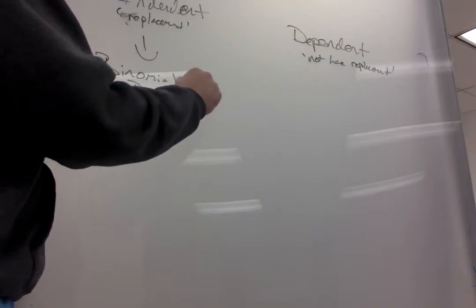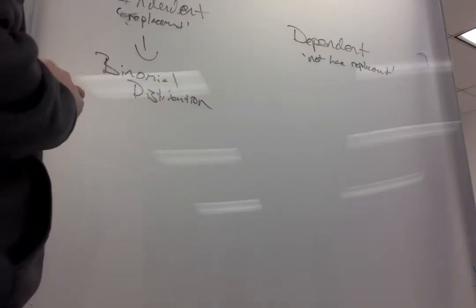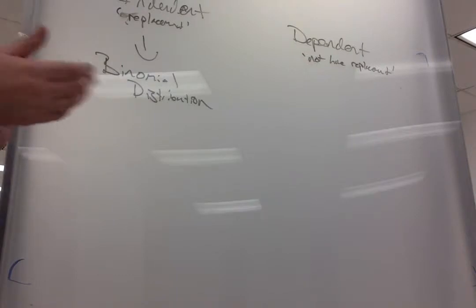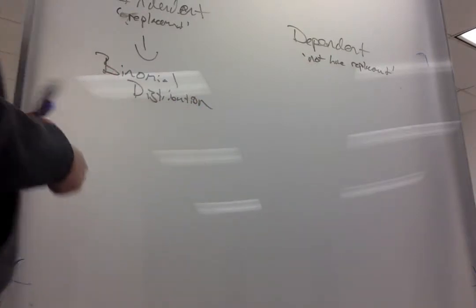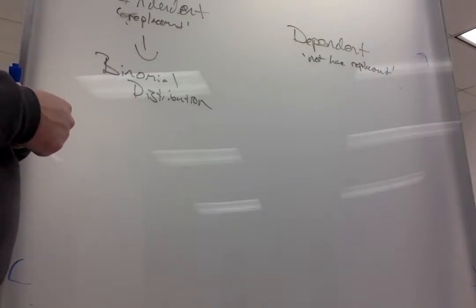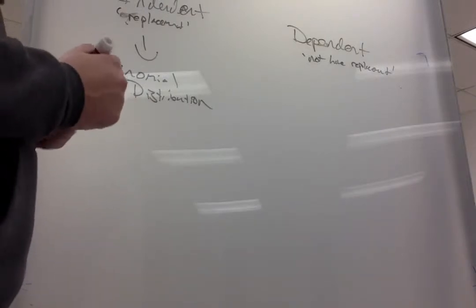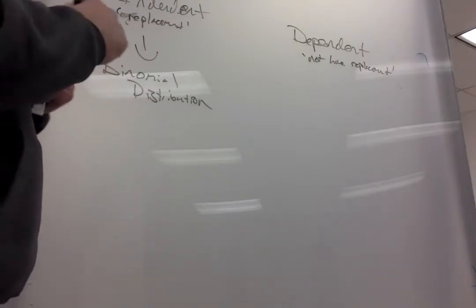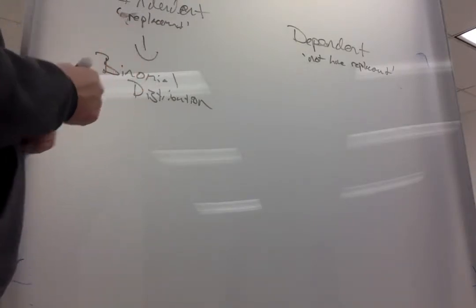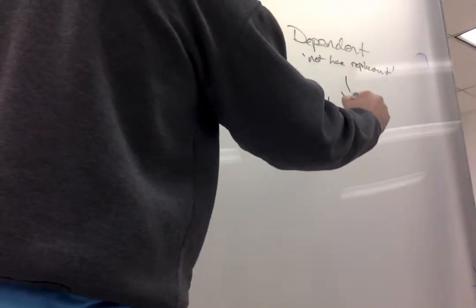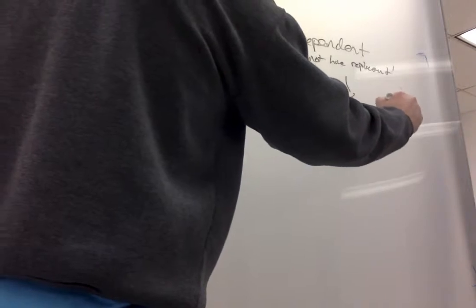So if you have a discrete variable and you're looking at independent trials, you would be using the binomial distribution to describe your sample or the data that you're looking for. However, if you have discrete numbers and you are looking at dependent trials, you would instead need to use the hypergeometric distribution.